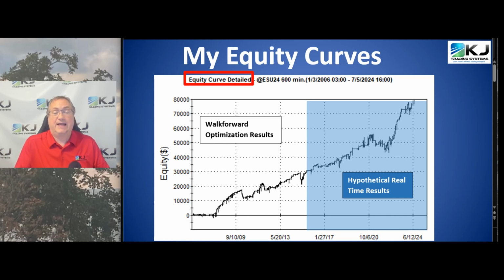All you'd see in the closed trade equity curve are $100 wins all the way. You'd never really see a drawdown because the trade only closes when you have a profit, right? Where you would see it is the detailed curve. Maybe it went 2 years before it recovered and you got out with a profit. Well, that would show up in this curve. So that's why you want to look at both of them.